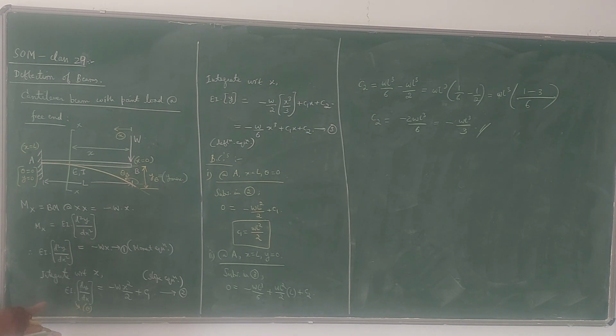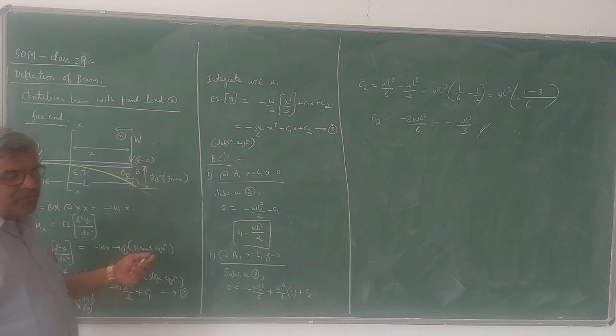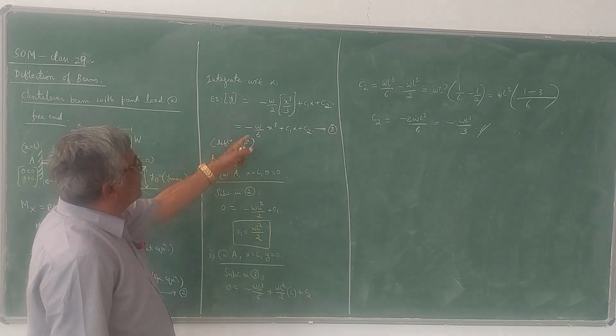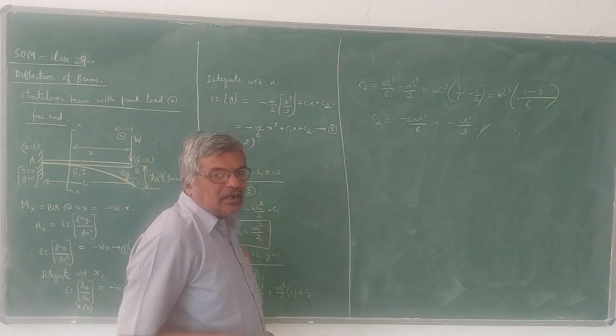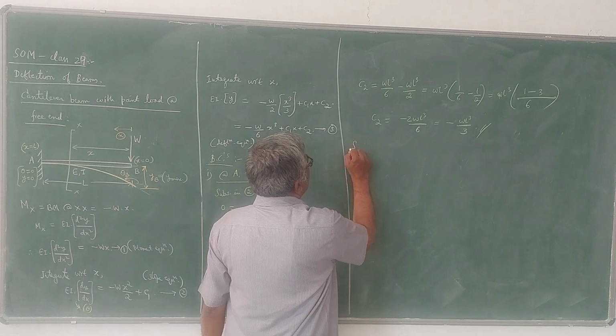Now substituting these two values of C1 and C2 in 2 and 3, you will get the final slope and deflection equations.